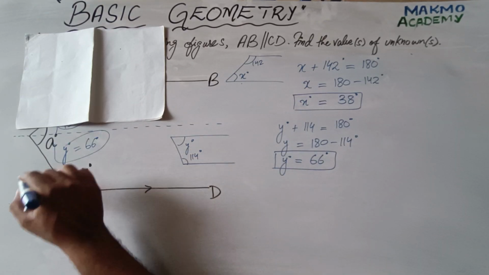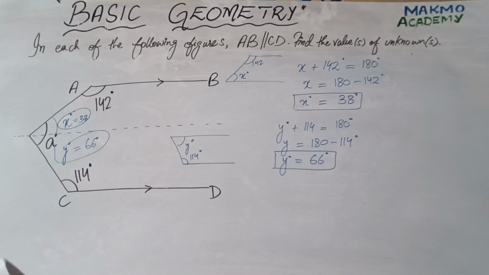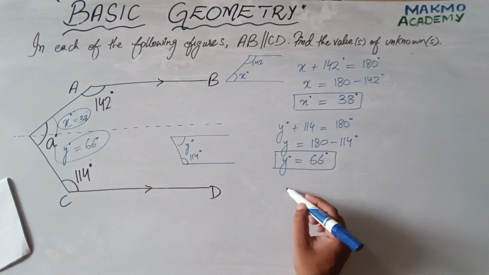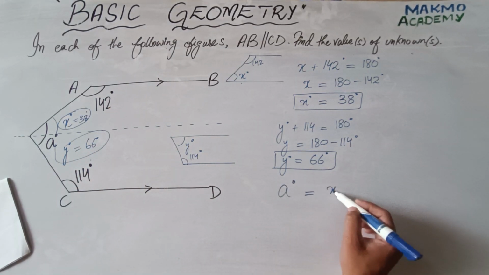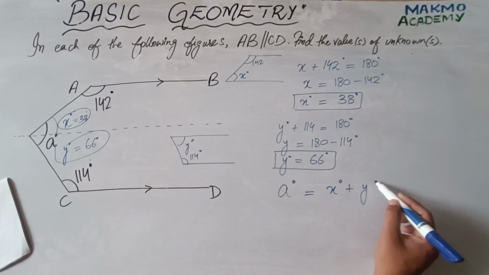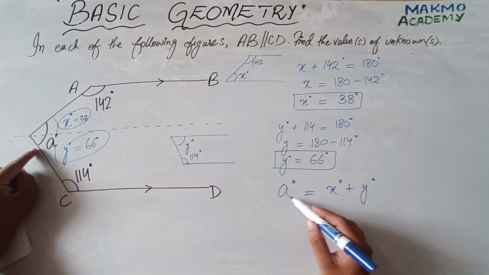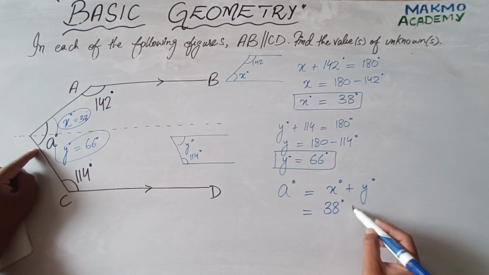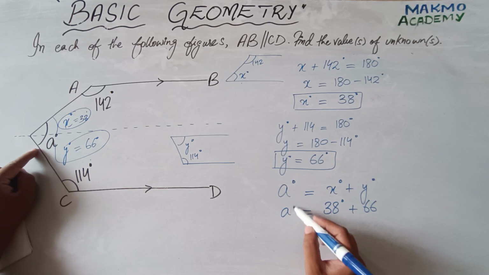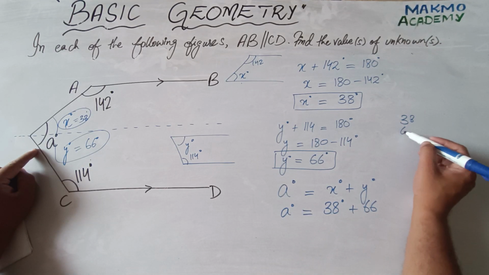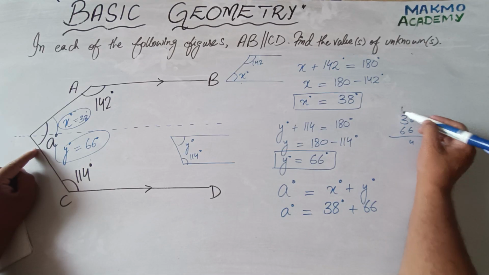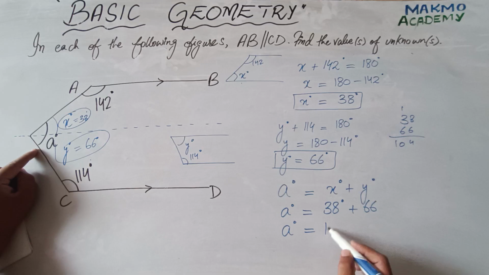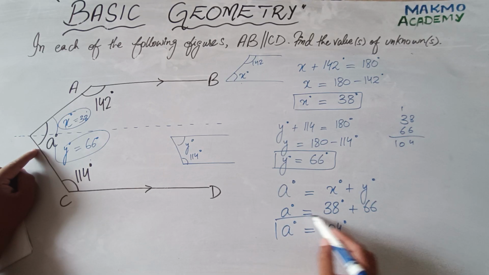Which means that now we have the values of X and Y, and A is equal to the sum of both of these two angles. We supposed that A is equal to X plus Y because we broke A into two angles, X and Y. So now if we add 38 and 66, we get the value of A. 38 plus 66 is 104, which means that A is equal to 104.